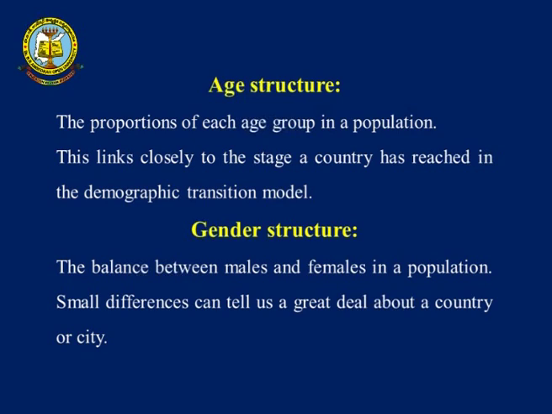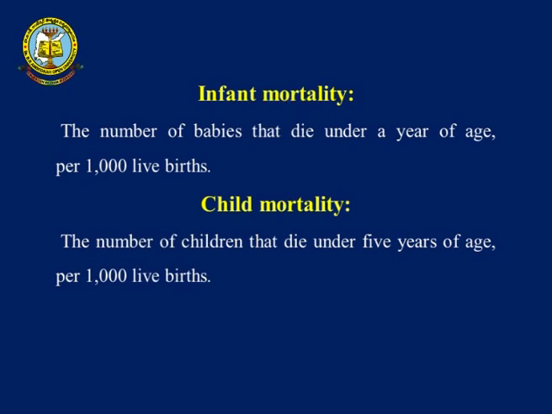So when it comes to transition, you have to understand that it is from one stage to another stage. And what are the different components or factors which are very important to understand and to predict these stages? The characteristics of these stages are age structure, gender structure, infant mortality and child mortality.